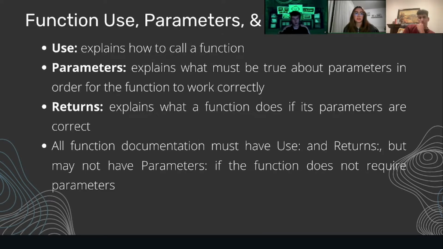Parameters is explaining what is going to be true in order for the function to work correctly. So it's your inputs. And returns are going to explain what the function will do if the parameters are all correct. So function documentation must have the use and returns, but sometimes it may not have anything for parameters, and that's simply just because not all functions require parameters. It just depends.